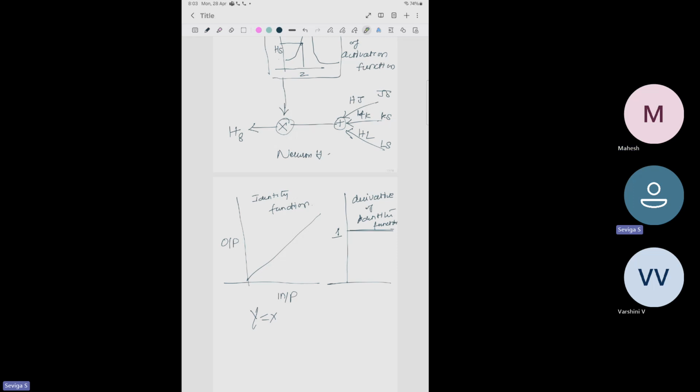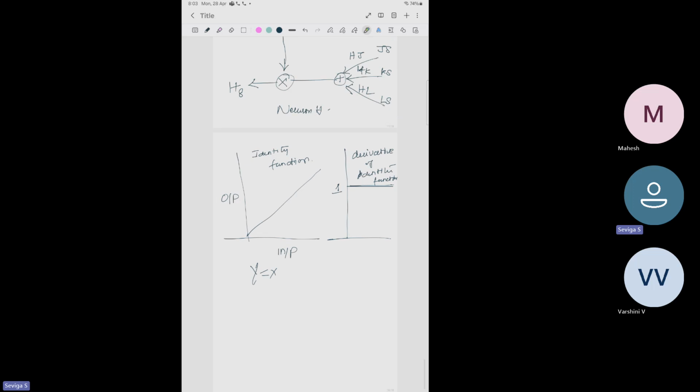We can also use any of the other activation functions. For example, we can use ReLU. What is ReLU? Till 0, the output is going to be 0. After 0, whatever is the input, we get that as the output. That is the ReLU function.